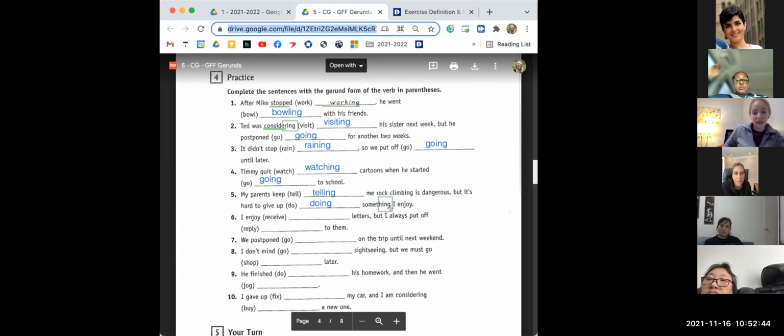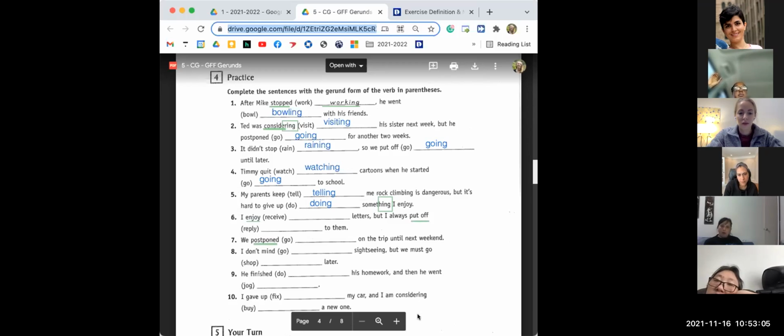So with these sentences, something that can be really helpful is to find the main verb that we want to complete with the object gerund. Enjoy, we know we have to use the gerund after. Postponed uses the gerund. Put off uses the gerund. So find the main verb of the sentence and then finish it with the gerund if required.